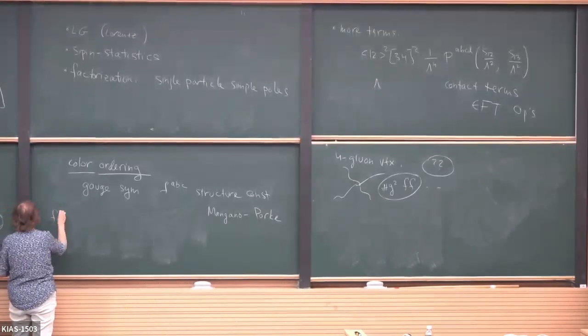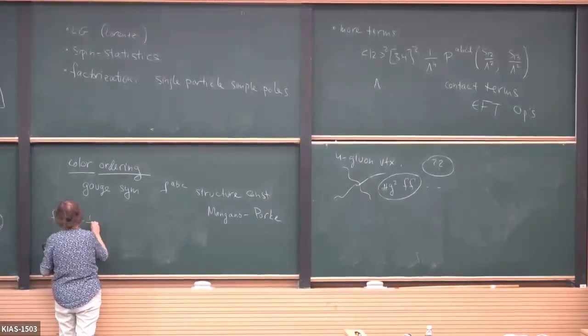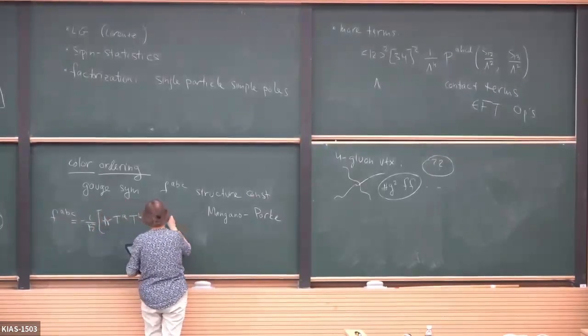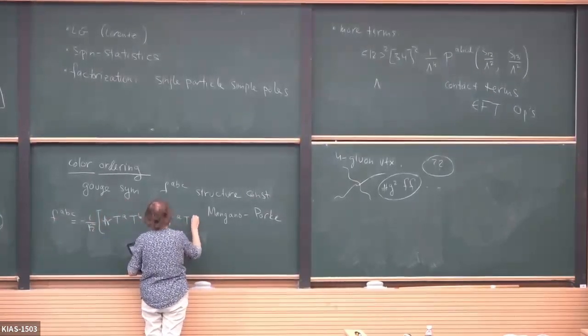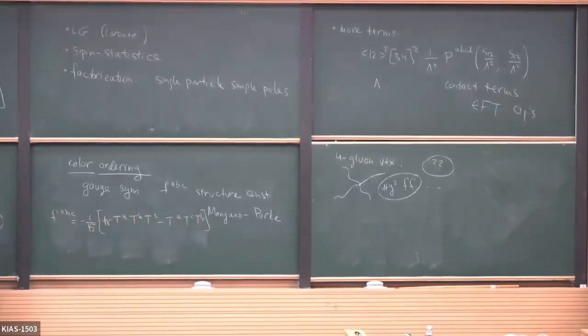We can always write f^{abc} as minus i over square root of 2 times trace of T^a T^b T^c minus trace of T^a T^c T^b.